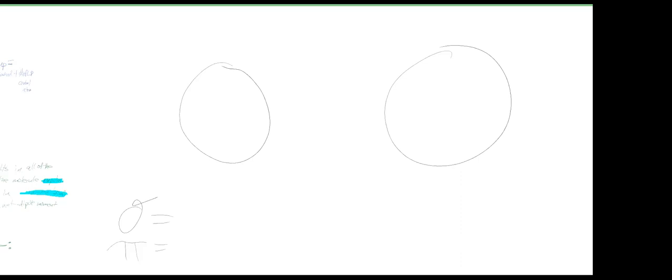Sigma bonds can rotate. Oh, good. All right, so that is part of it. Bonds happen because we have one electron, ideally from one atom in its orbital, sharing it with another atom and its orbital.